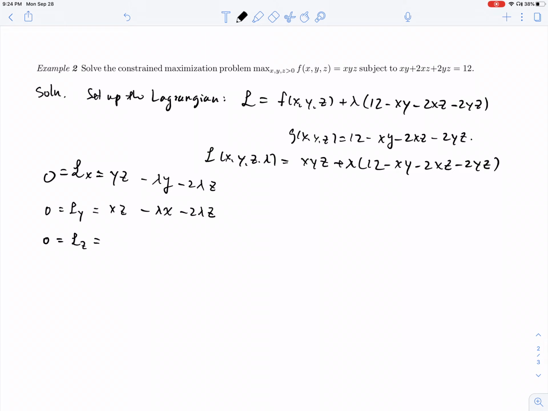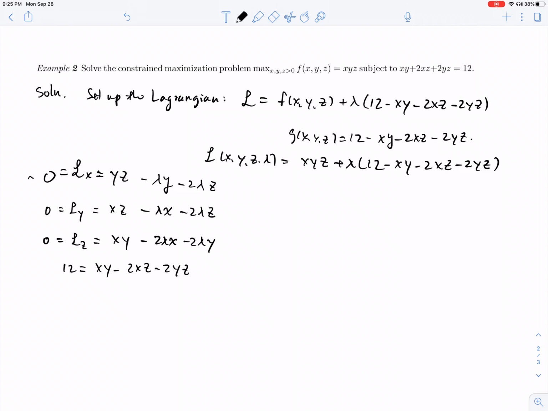We have xy over here, then negative 2 lambda x and negative 2 lambda y. The last equation, when you take the derivative with respect to lambda, is always just 12 equals xy plus 2xz plus 2yz.